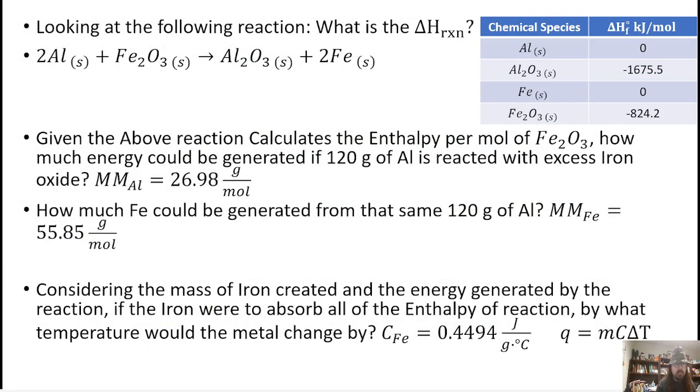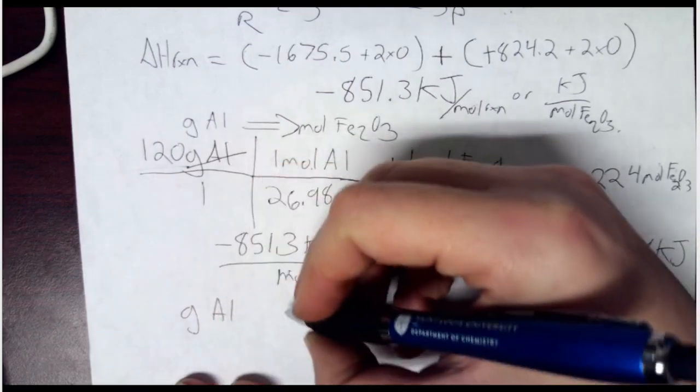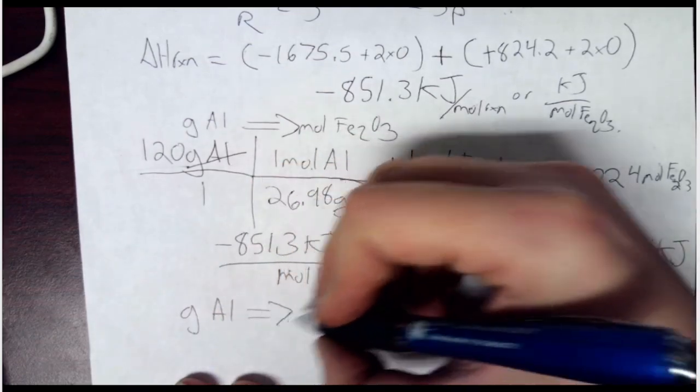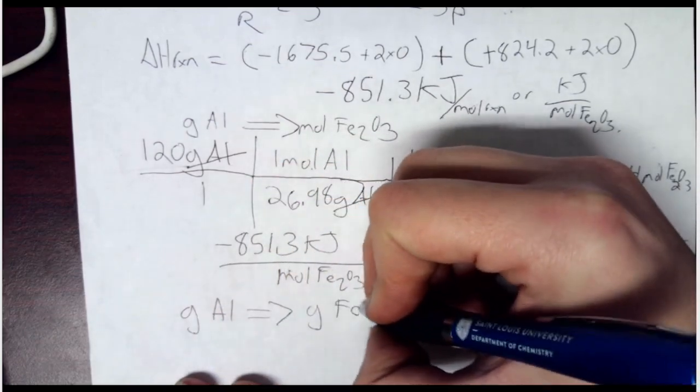So the third question: how much iron could be generated from that same amount of 120 grams of aluminum? This one is just the straight-up grams to moles to moles to grams. We're taking our grams of aluminum to grams of iron.